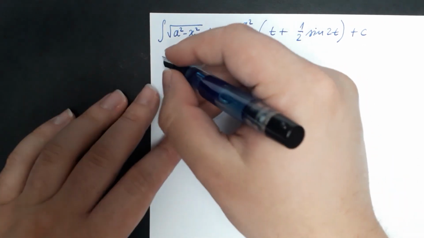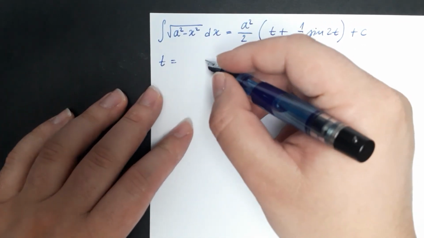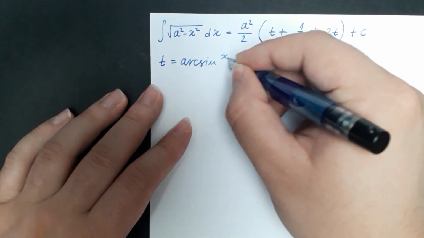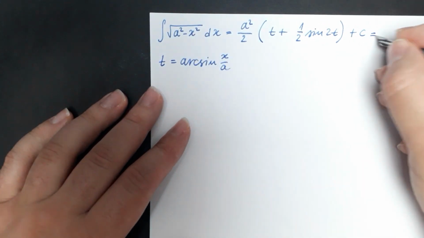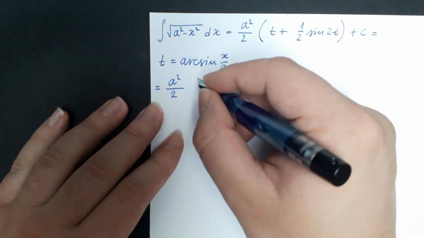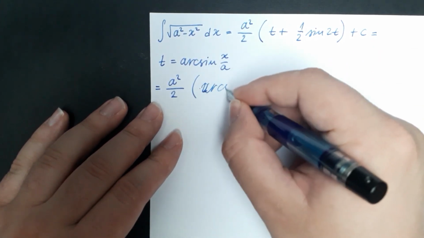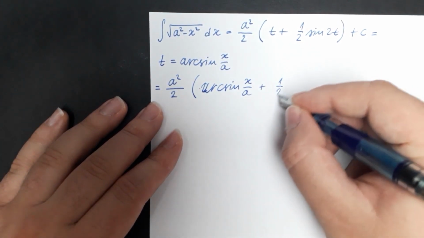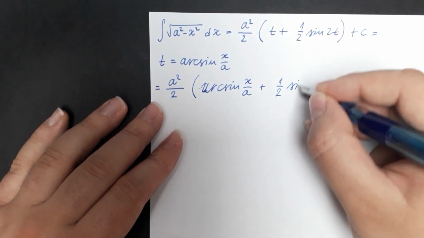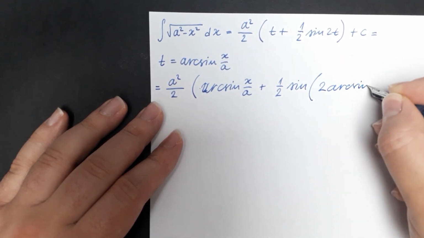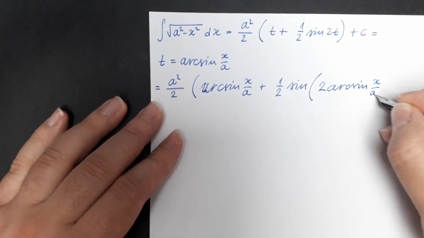When we return the substitution according to t, we get that t is equal to arcsine of x over a. And this means that we are getting a squared by 2 arcsine of x over a plus 1/2 of sine of 2 arcsine of x over a.